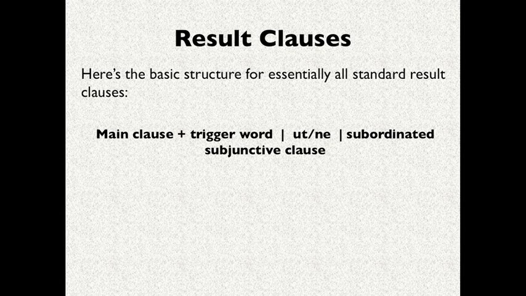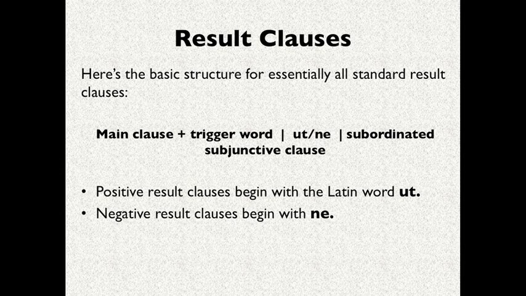Then we'll have either the particles ut or ne, depending if the sentence is a positive result or a negative result. And then finally, you'll have a subordinated subjunctive clause, that is, a subordinate clause with a subjunctive verb. Remember that positive result clauses begin with the Latin word ut, and negative result clauses begin with ne.